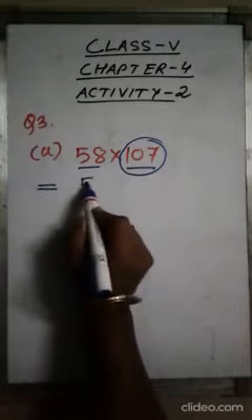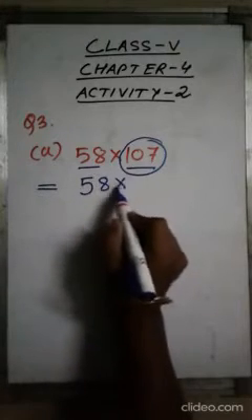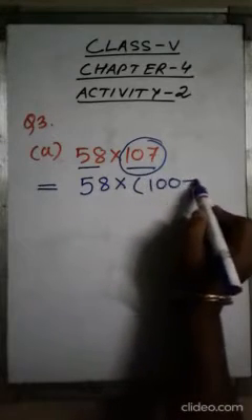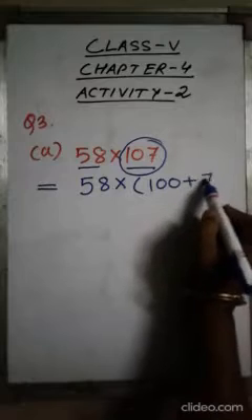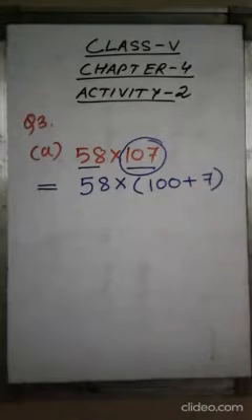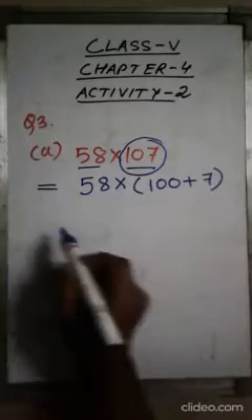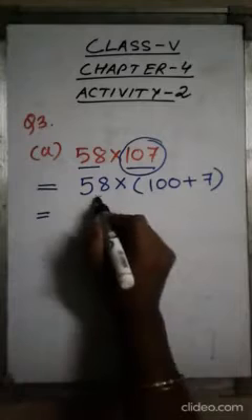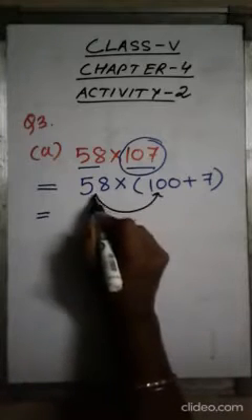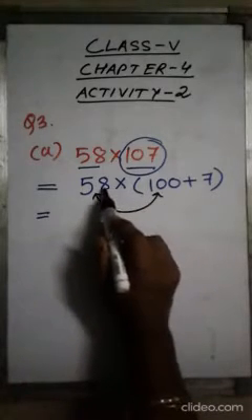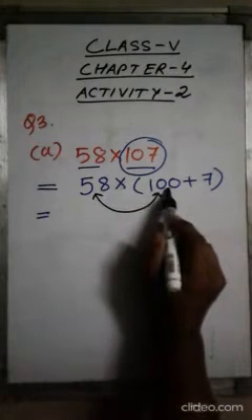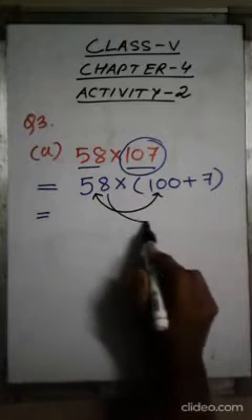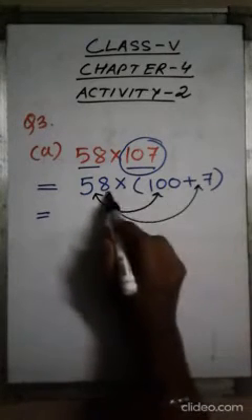Let us see how to do it. 58 into 107 means if you expand, 100 plus 7 is 107. Using distributive property, we multiply this and this: 58 into 100 plus again 58 into 7.